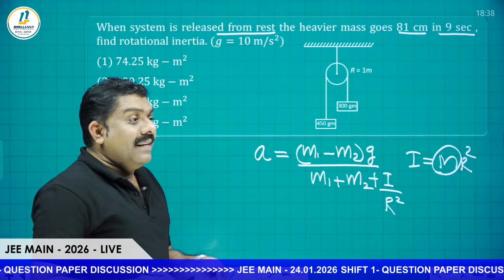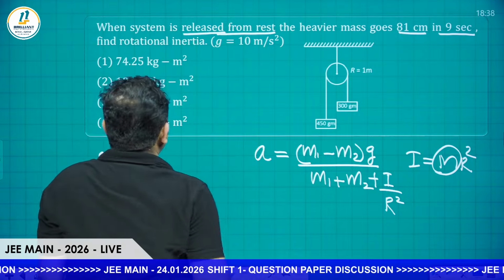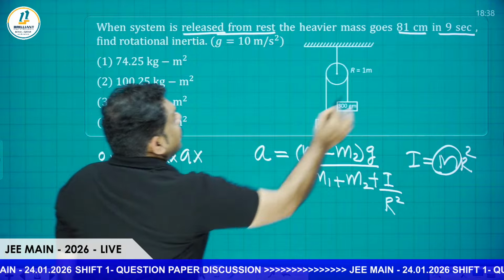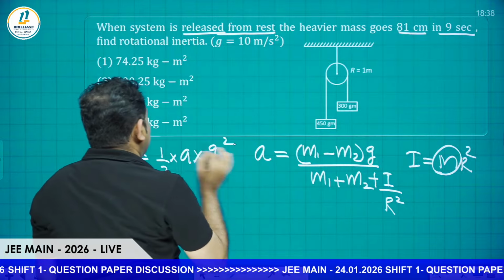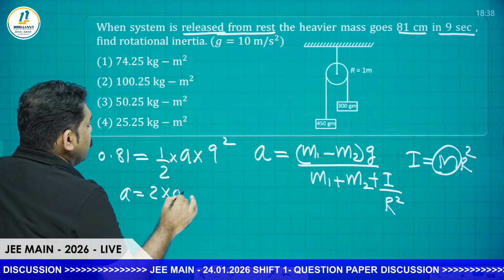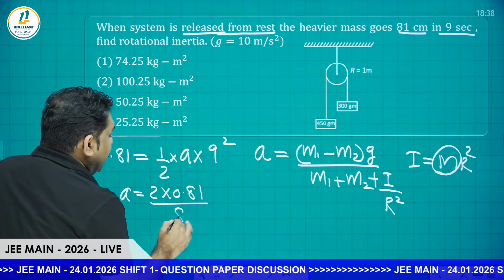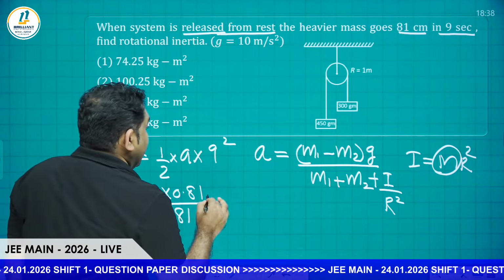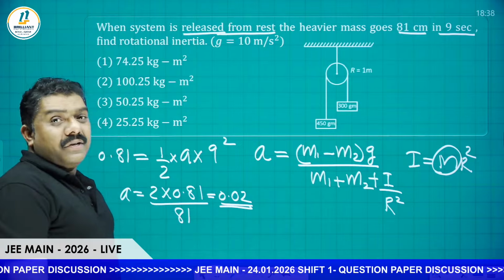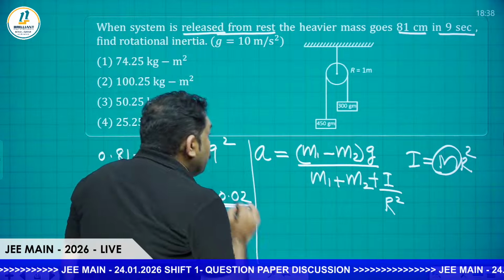It is released from rest, so u is 0. Then half into a into time, which is 9 square. So acceleration we can calculate as 2 into 0.81 divided by 9 square, which is 81. So that is equal to 0.02. So acceleration is 0.02.